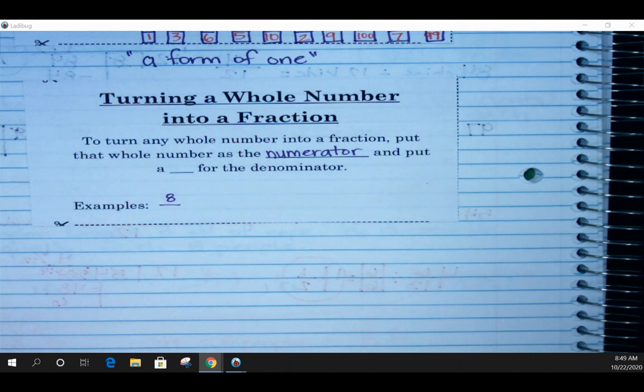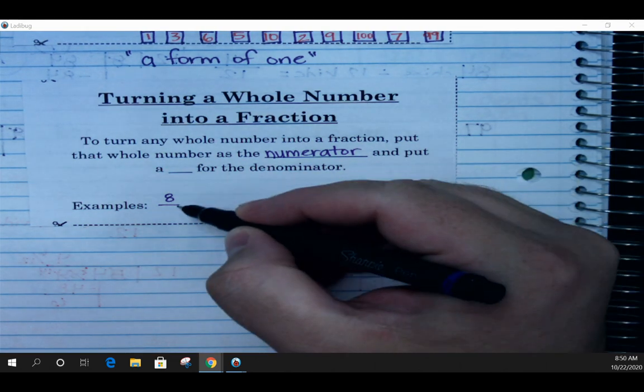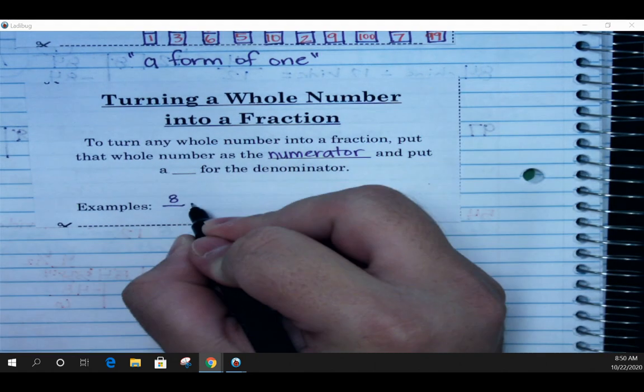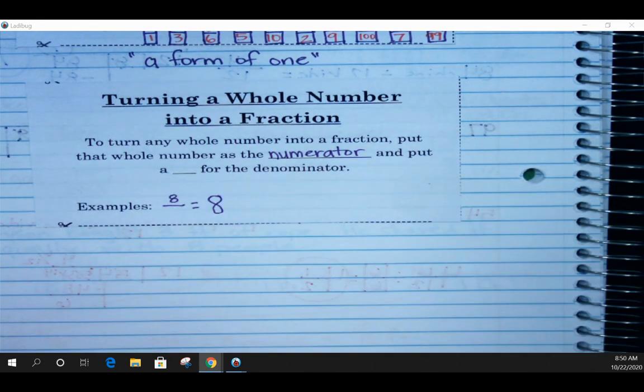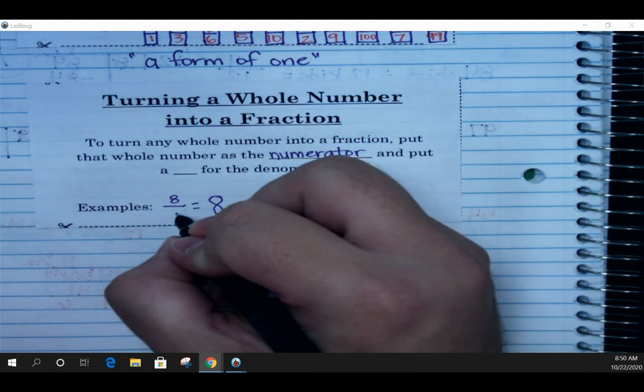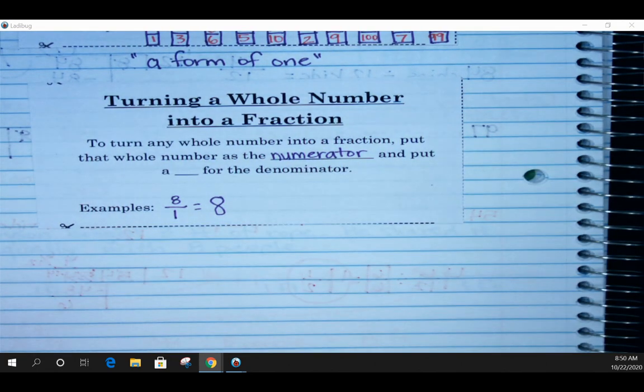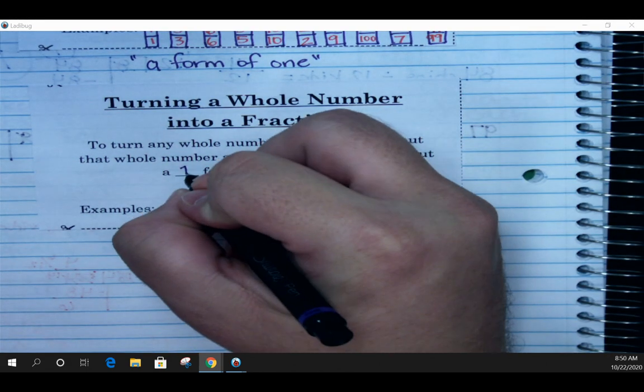I didn't say 64 divided by 8 equals 8. I said 8 divided by what equals 8? No, 1. You put a 1 for the denominator.